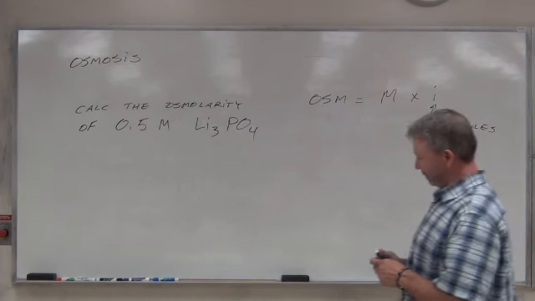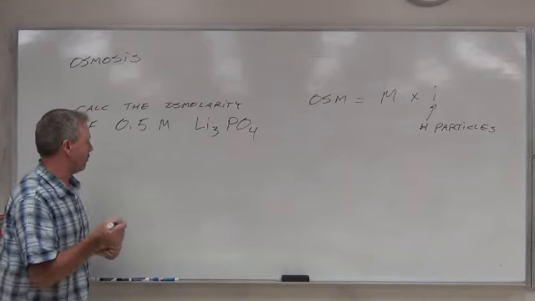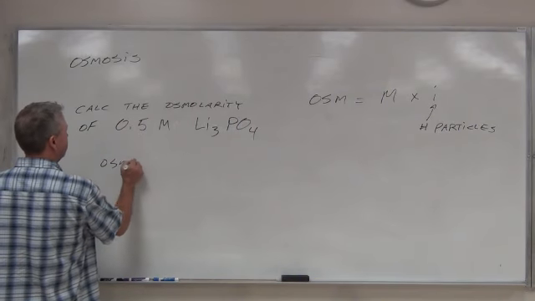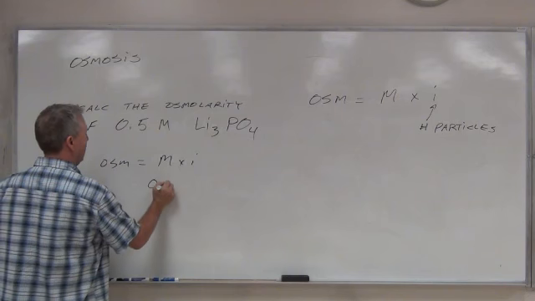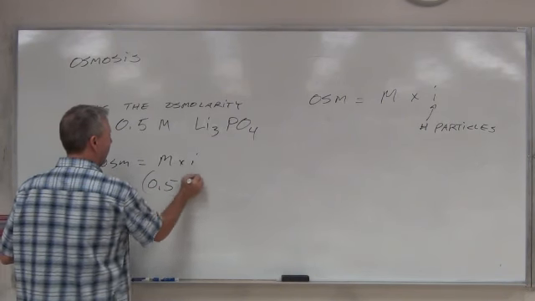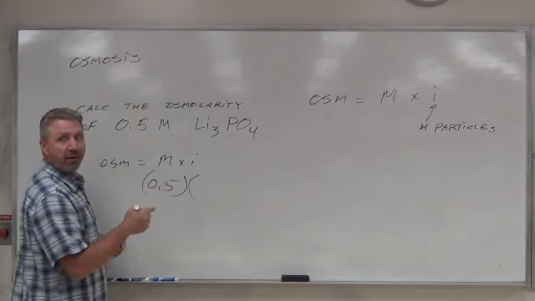What do we have? Osmolarity equals molarity times I. Our molarity is 0.5. What is I? 4.